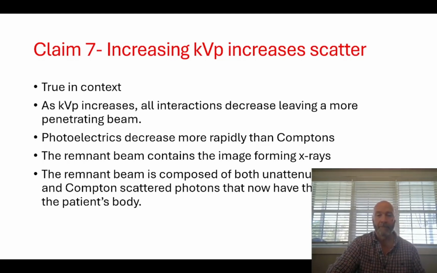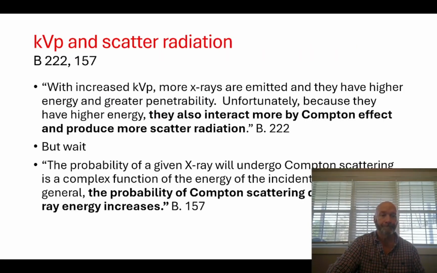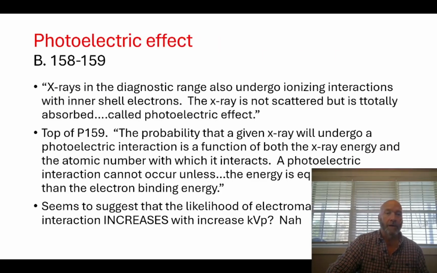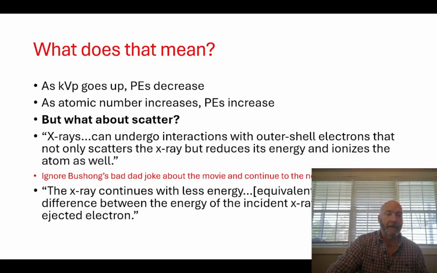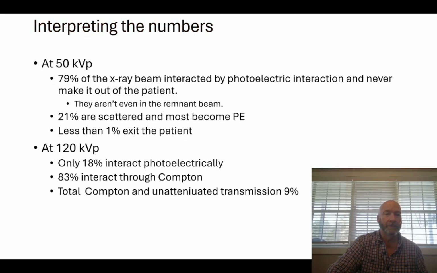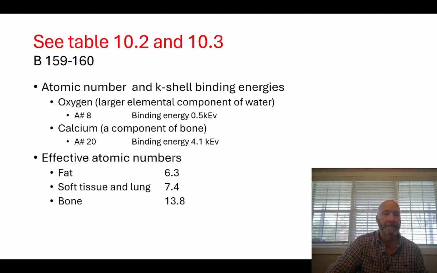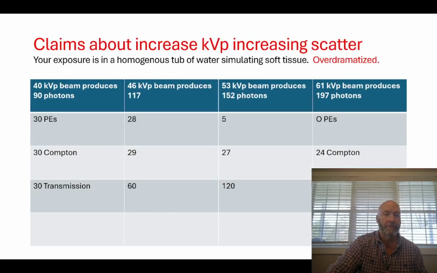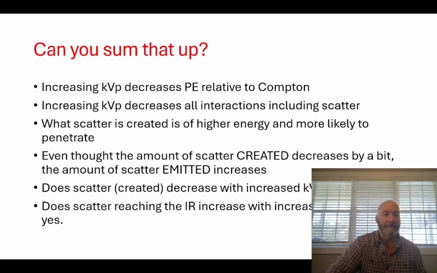The remnant beam is composed of both unattenuated photons and Compton scatter photons that now have the energy to exit the patient's body and strike the image receptor. So a lot of quotes for that because it's really, really complicated. And I'd refer you back to the other videos that I did, parts 1 and 2, to get that.